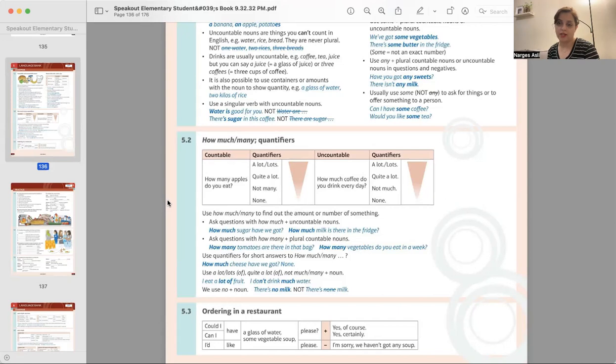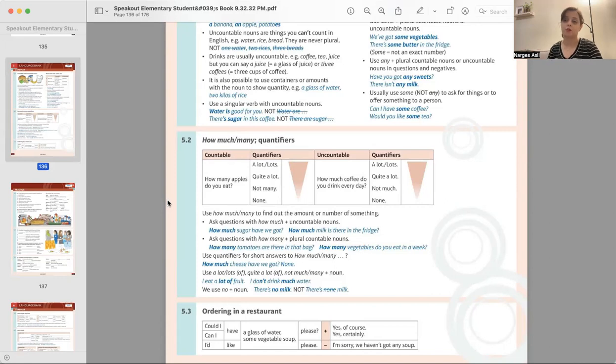Quite a lot: a lot means we really have a lot, too much. But quite a lot means that we have a lot somehow, it means it's enough, it's good. You can use it for countable and uncountable.